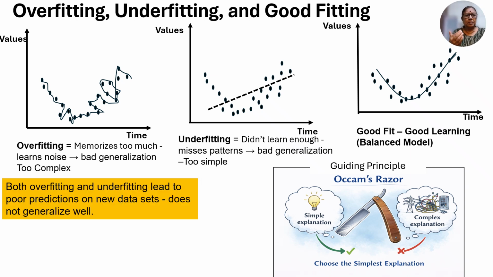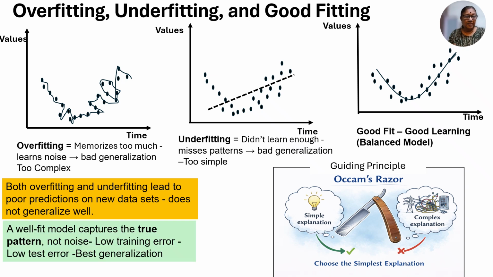Both overfitting and underfitting will lead to poor predictions on new data sets, so they do not generalize well. While a well-fit model actually learns the true patterns from the data, not the noise, and is able to have low training error as well as low test error, and this is the best generalization. So this is about overfitting, underfitting, and good fitting.